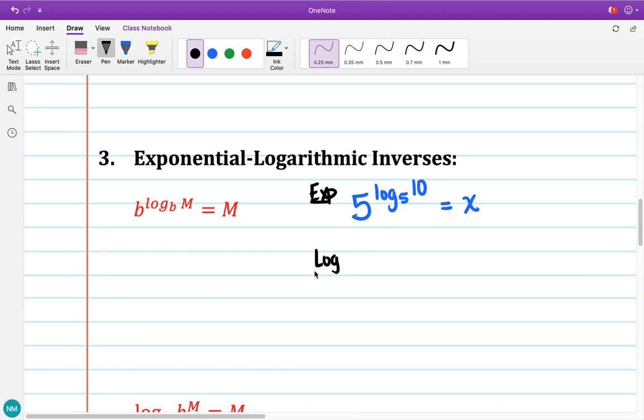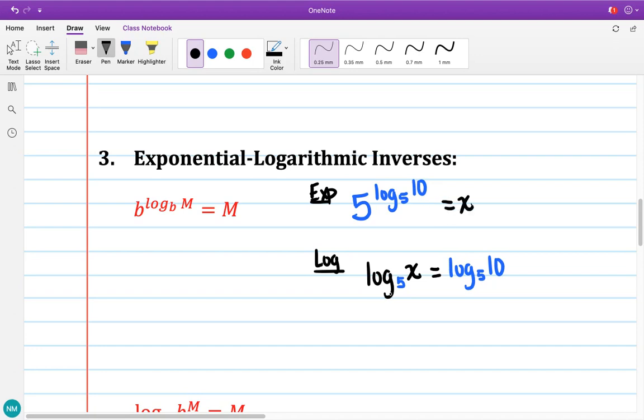In logarithmic form, it's going to be log base 5, and I'll put it in blue, log base 5 of x is equal to log base 5 of 10. So 5 to this power is equal to this, and I'll also rewrite this as equal to x.